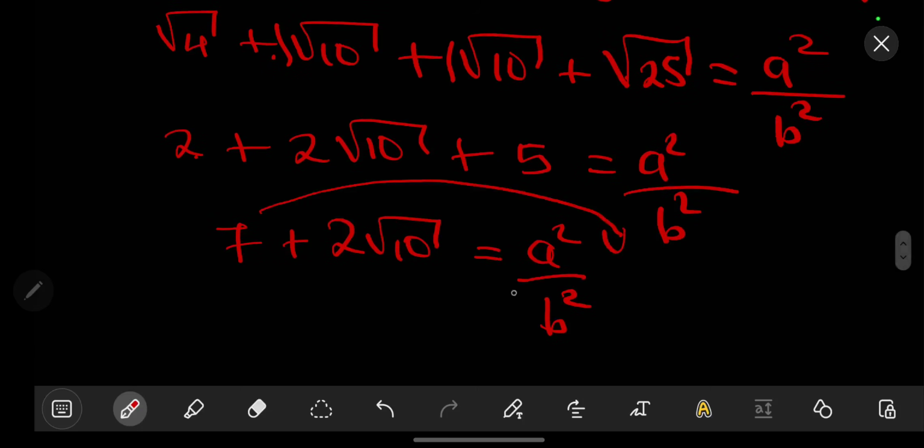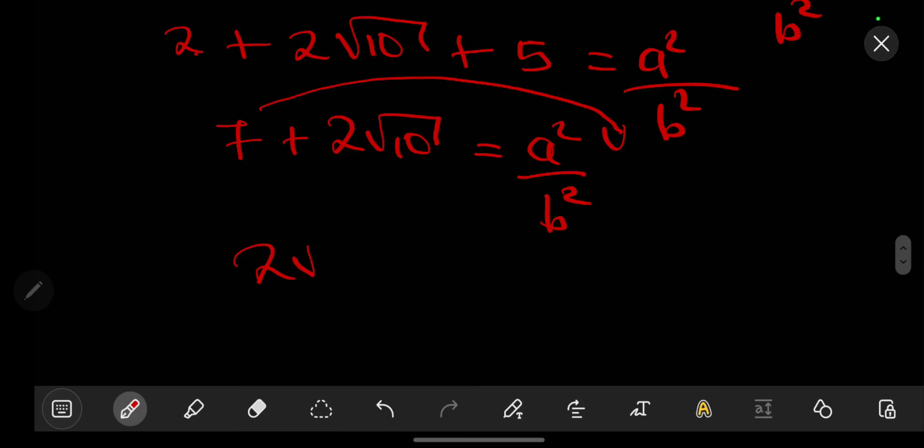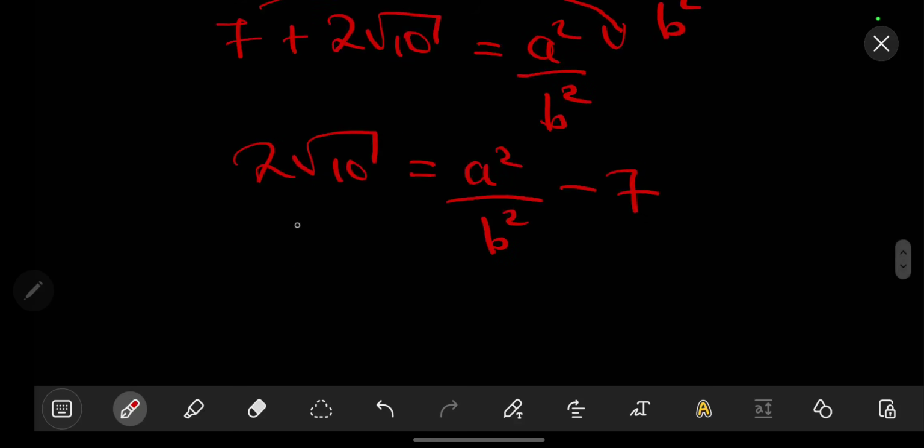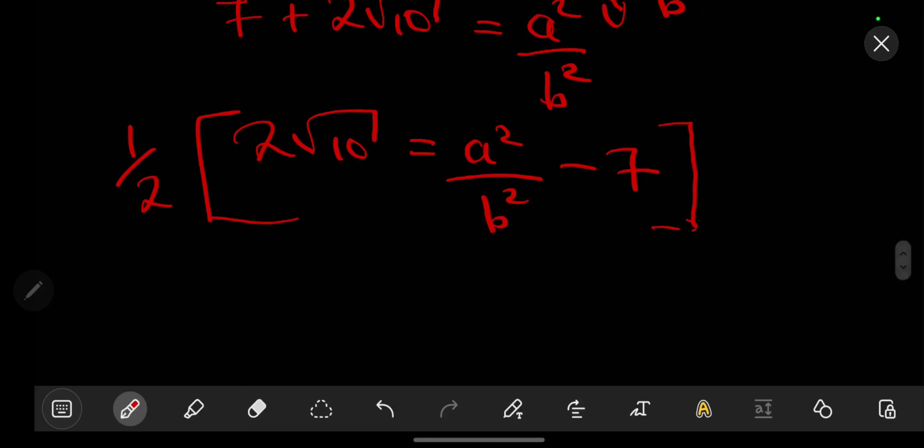Taking the 7 to the other side, we are going to get 2 square root of 10 should be equal to a squared over b squared, then minus 7, like that. Then to get rid of this 2, we are just going to multiply 1 over 2 on all the numbers. If we do that, we are going to end up with this, and this will cancel.